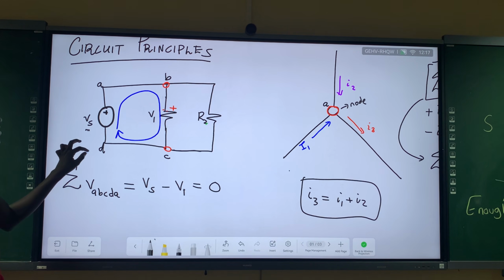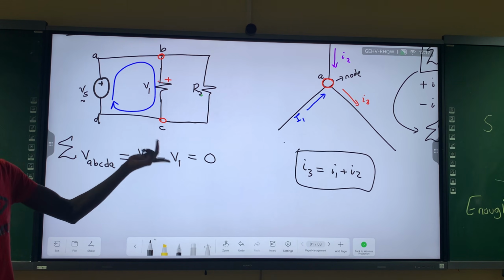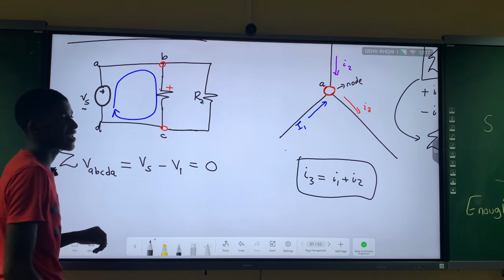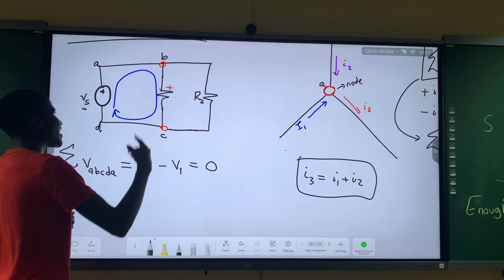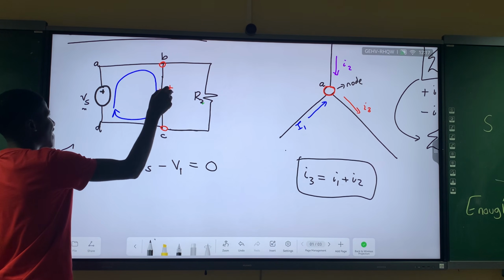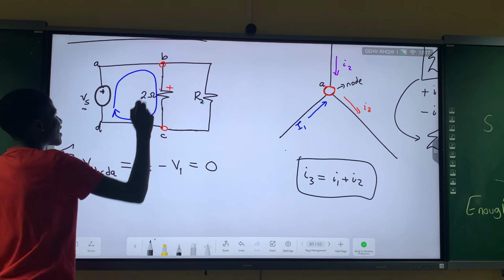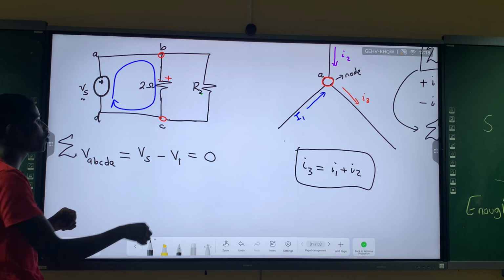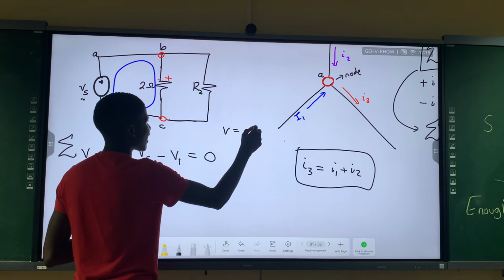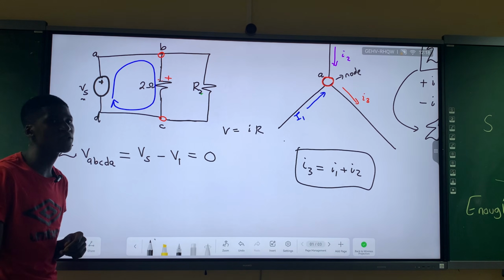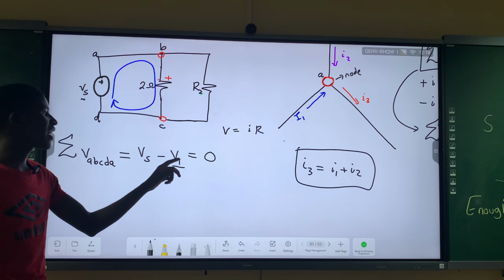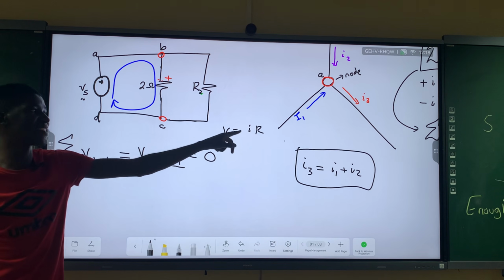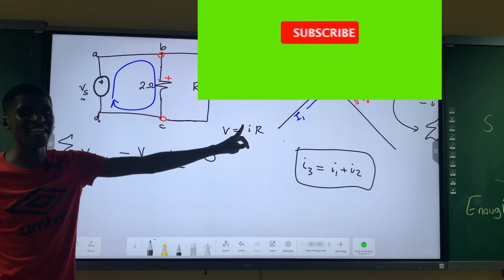So most of the time, it's not always that you are given a voltage. Let's just say with V1 they don't give you the voltage of the resistor, which is R1. Let's say they give you the current, and they give you the resistance, the resistance is 2 ohms. You can now apply your Ohm's law and say, since I know the voltage equals the current times the resistance according to Ohm's law, the expression for V1, I can get it by saying what? 2, which is the resistance, times the current through it.